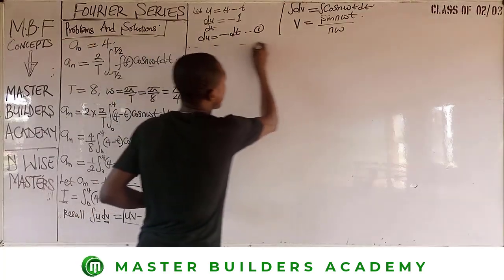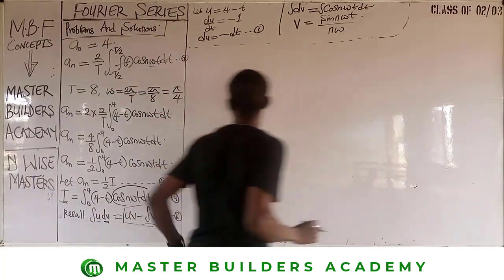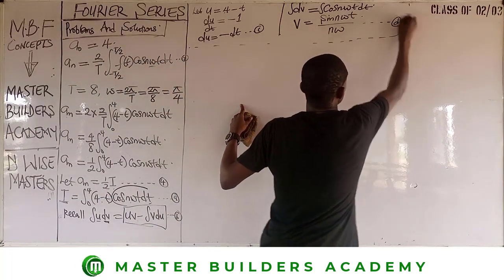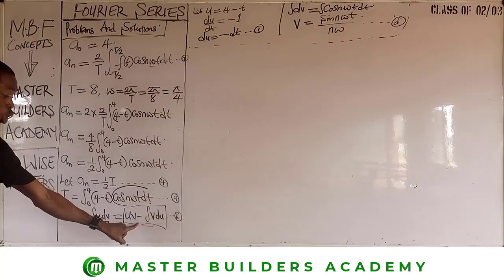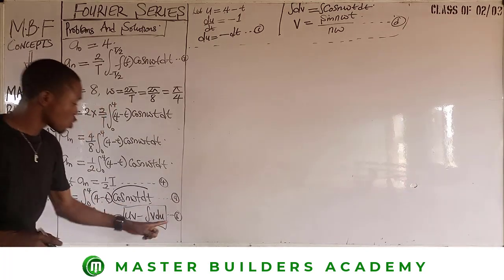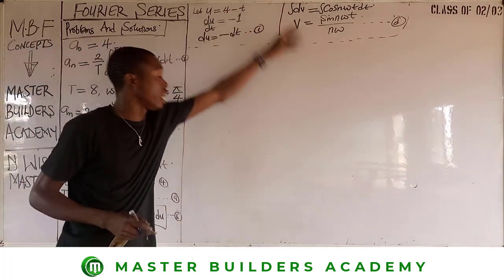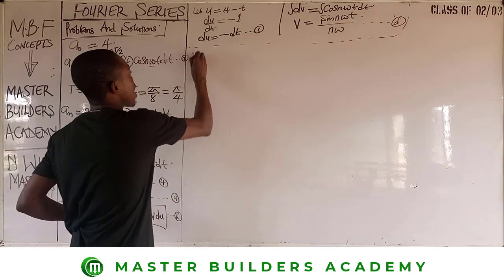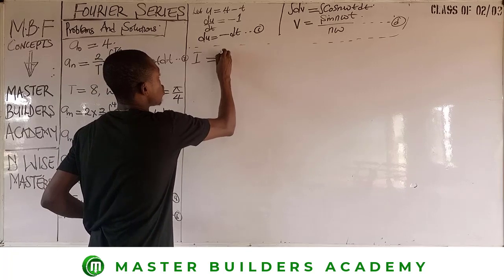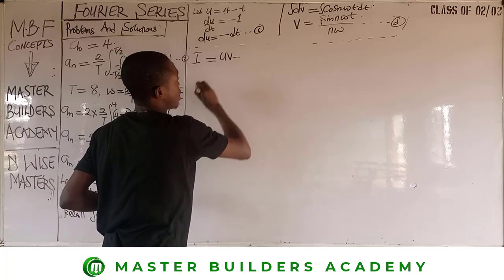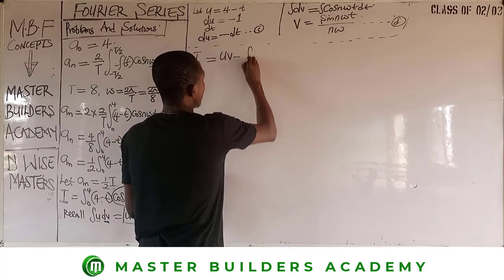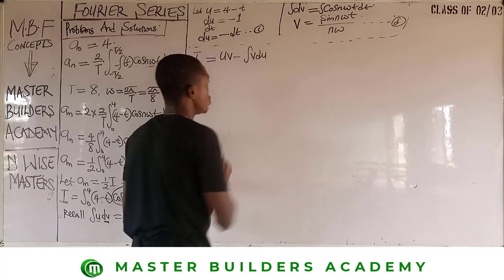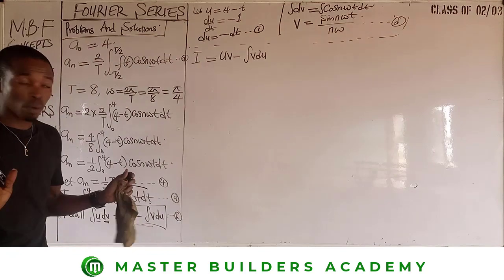All we just need to do now, if we agree with what we have here, is to substitute equation C and equation D into equation B. All we just need to do now is to substitute everything that we have here into equation B. Knowing fully well that this is our I, we then have I is equal to UV minus integral of V du. This is what we have.